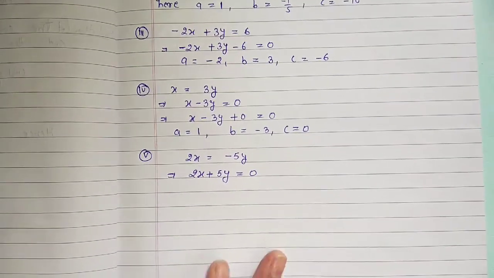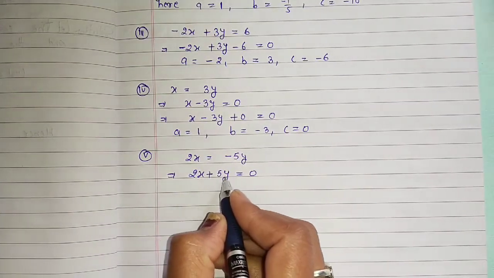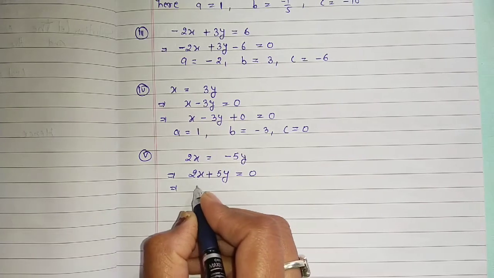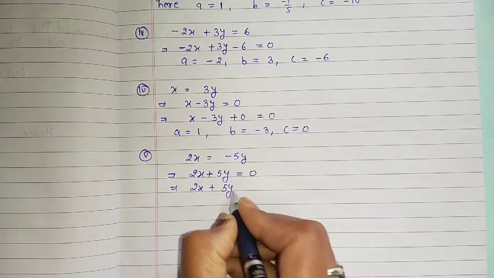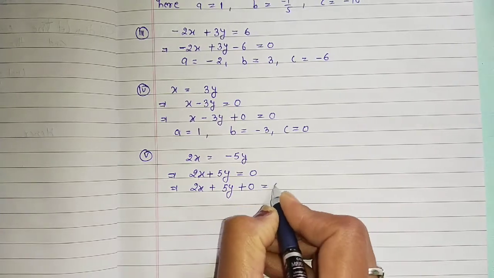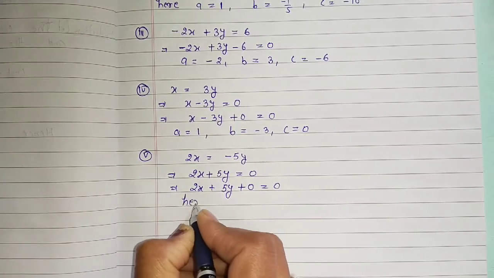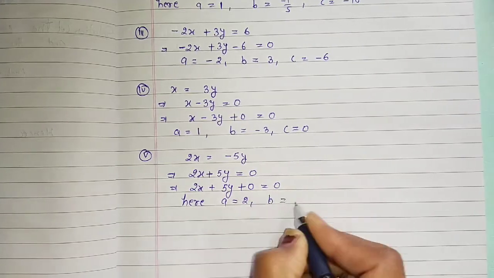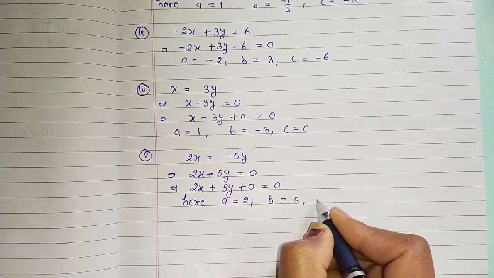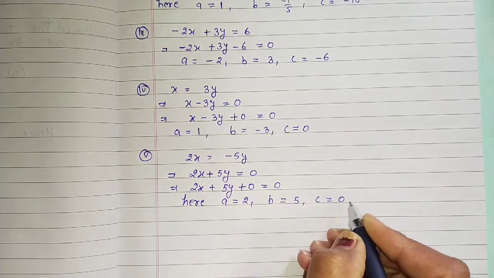Therefore, the equation becomes 2x plus 5y equal to 0 and we can write this equation as 2x plus 5y plus 0 equal to 0. Here a is the coefficient of x, that is 2, b is the coefficient of y, that is 5, and c is the constant term, that is 0.